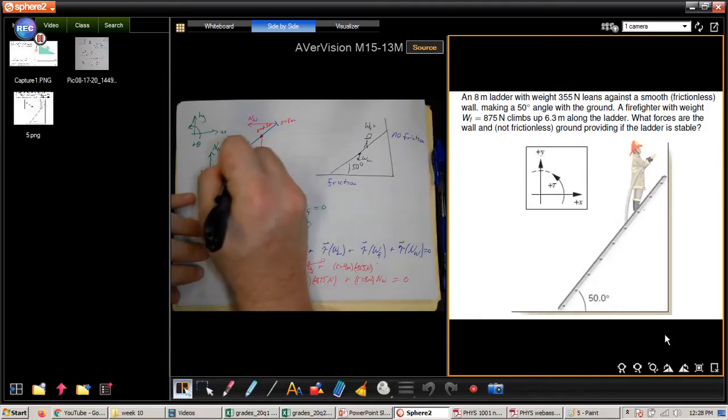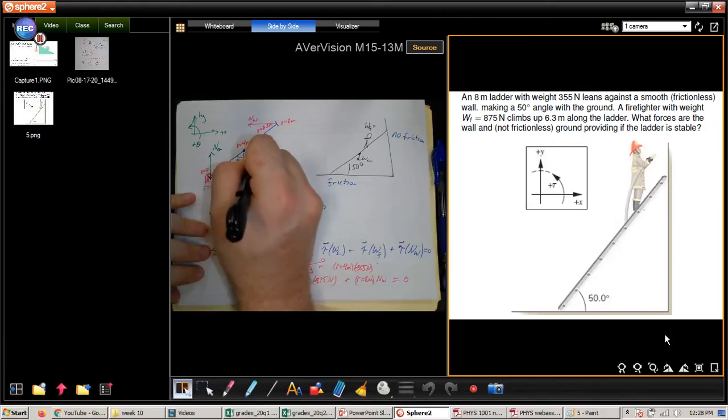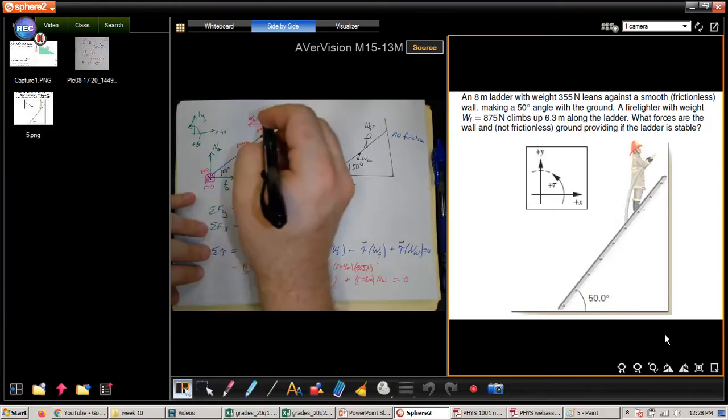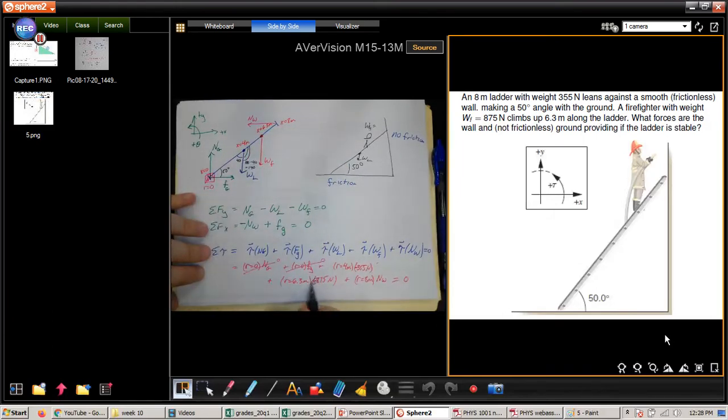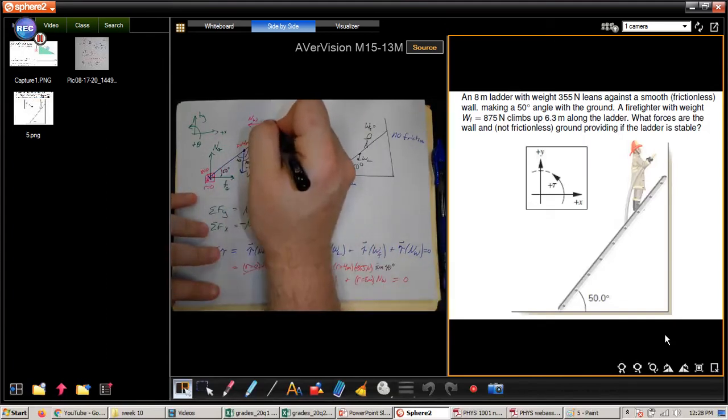So in here, this is 40. And so this is 180 minus 40 is 140 degrees. But we're counting for that here in this minus sign. So there'll be sine of 40 degrees here. There'll be sine of 40 degrees here.